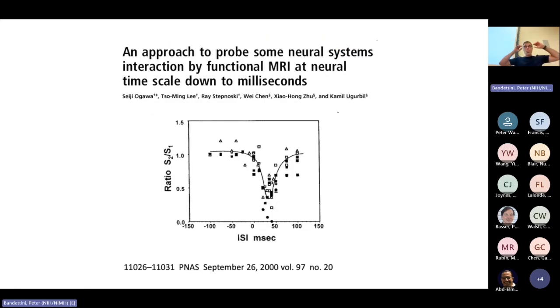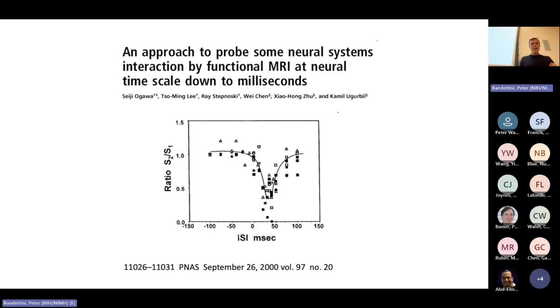Lastly, another way of probing the timing is really nice work that I think should also be picked up more. This is great work by Seiji Ogawa back in 2000, in which he was looking at left and right forepaw of a mouse. If you stimulate one forepaw, typically there's a signal that goes across and inhibits the other forepaw.